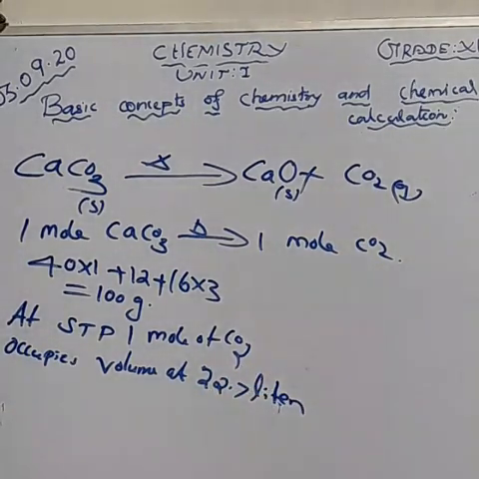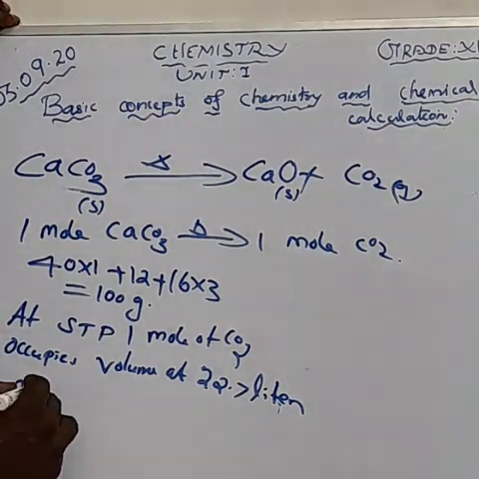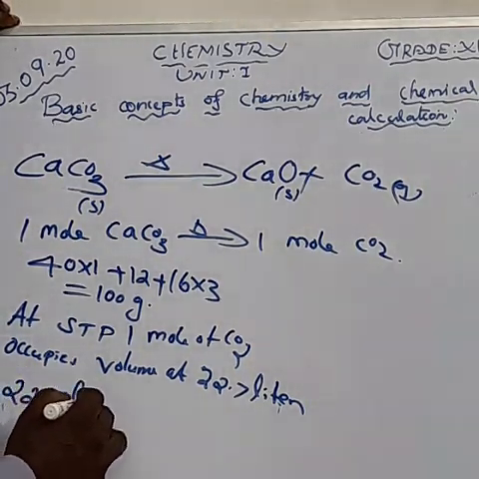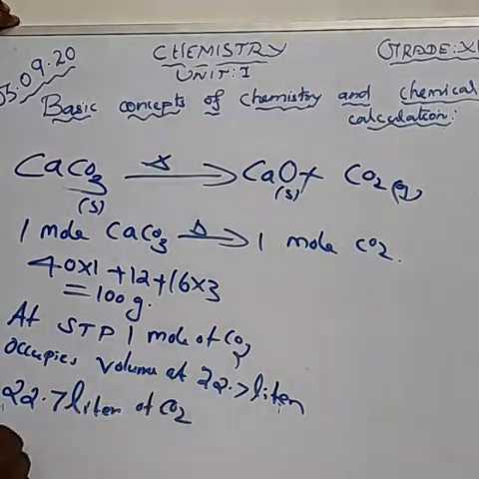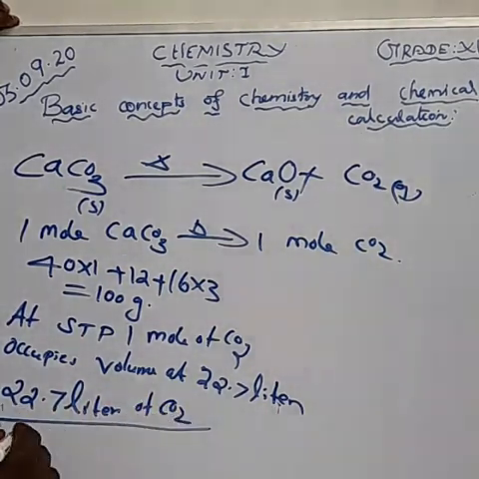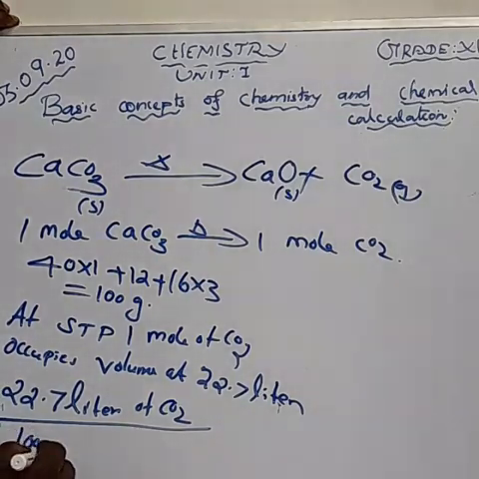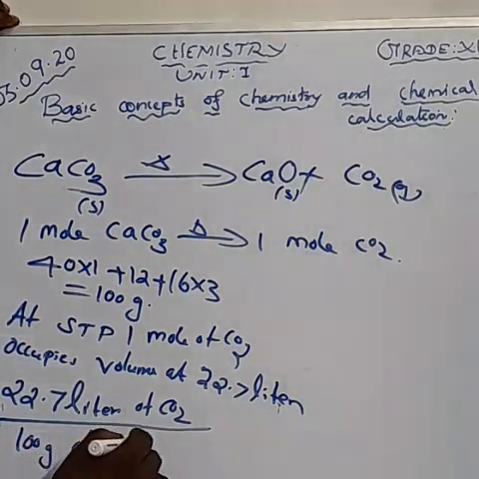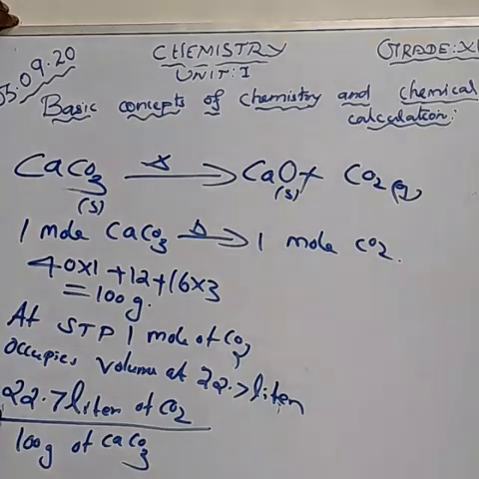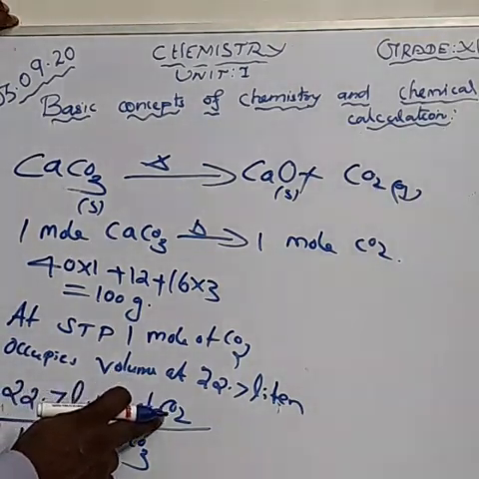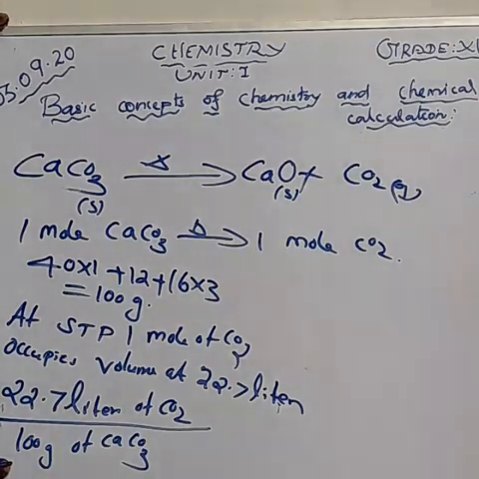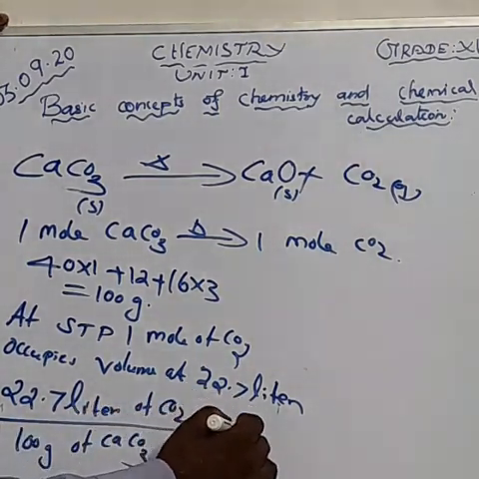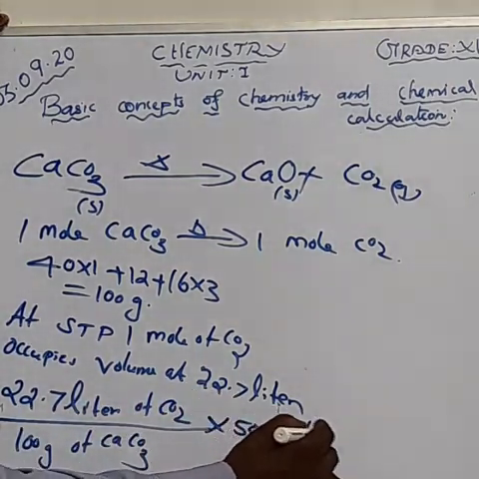As per the calculation, 22.7 liters of carbon dioxide per 100 gram of calcium carbonate, into 50 gram of calcium carbonate.